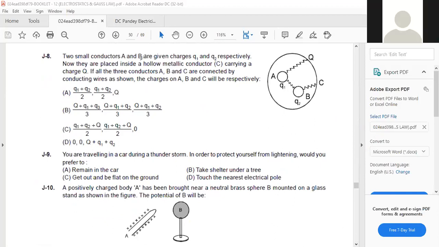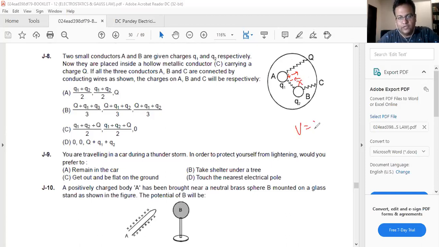Two small conductors A and B are given charges Q1 and Q2. Now they are placed inside a shell carrying charge Q. A and B are connected. A, B, C are all connected. What will the charge be? So what is the problem here? When you connect, what will happen? The potential difference should be 0. So if the potential difference is 0, there should be no electric field lines. If there are no electric field lines, there should be no charge, because if there is positive charge the field lines will come out, and if negative charge the field lines will go in. I do not want field lines at all.